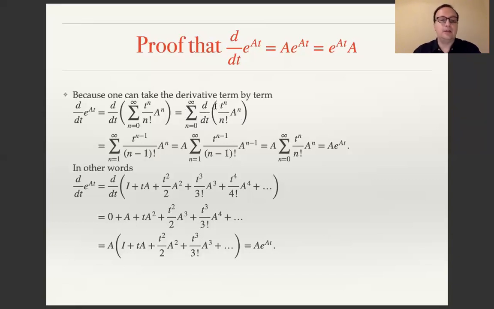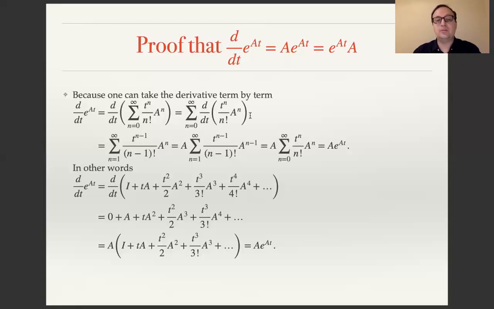And the n cancels the n in n factorial, and we're left with n minus 1 factorial. Because n factorial is the product of all the positive integers from 1 to n, and then we cancel n, and we're left with the product of all the positive integers from 1 to n minus 1. Okay, so then we have the sum of t to the n minus 1 over n minus 1 factorial times A to the n.